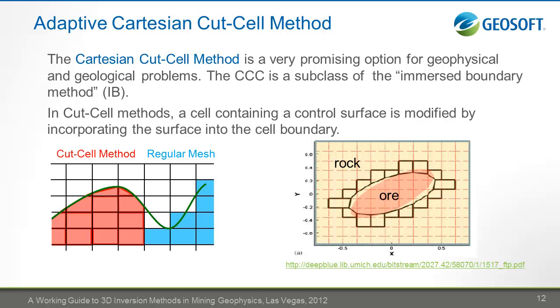So the way that works is, for example, here I have an element which has a control surface, in this case a topography, cutting through it.